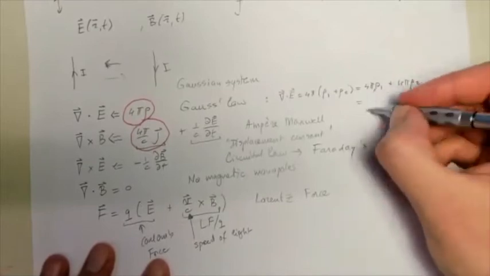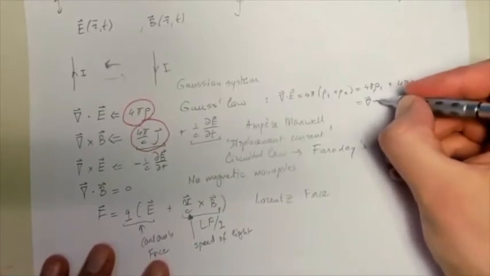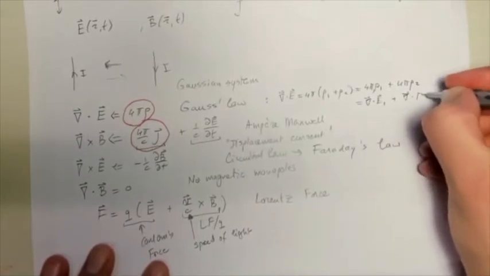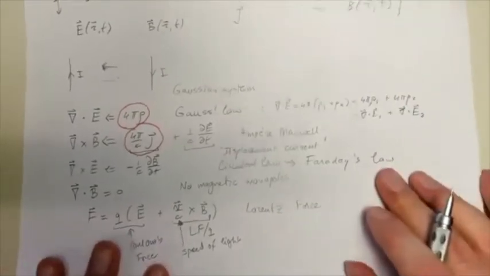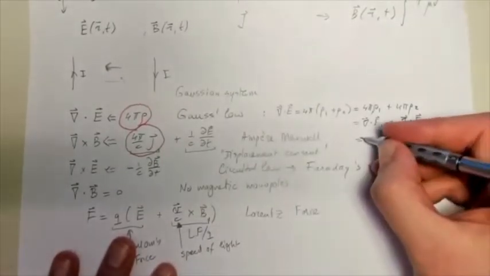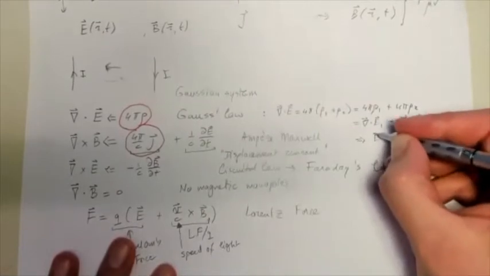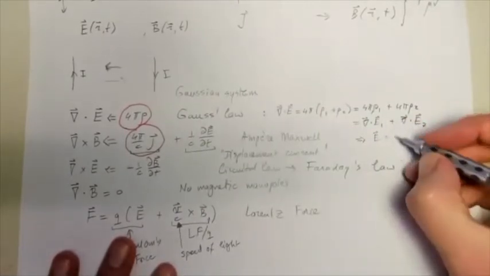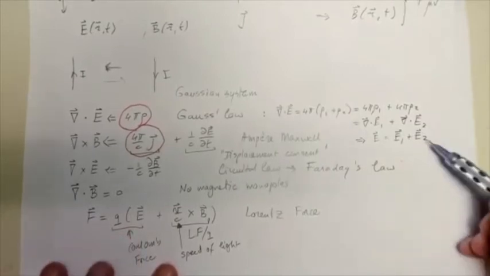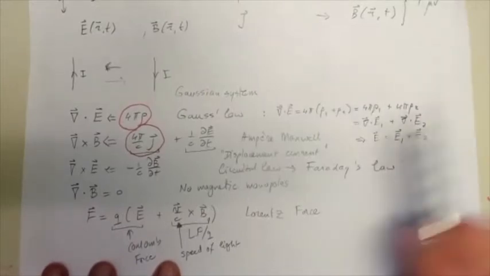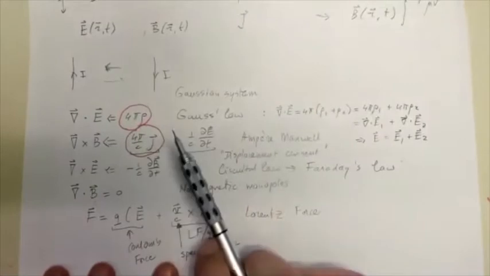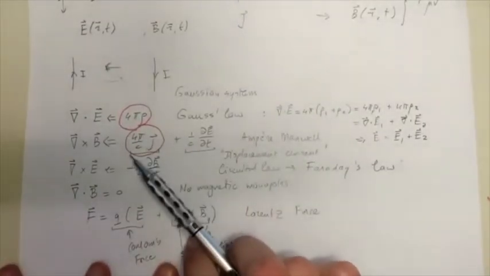And of course, 4 pi rho 1 is the divergence of E1 plus the divergence of E2. And that is the divergence of E. So therefore, E is E1 plus E2. Okay, so the superposition principle works. These things are linear in rho. This thing is linear in J, so that's all good.